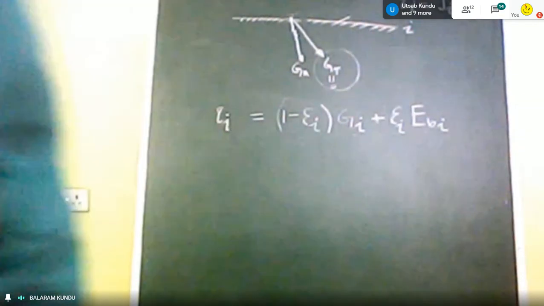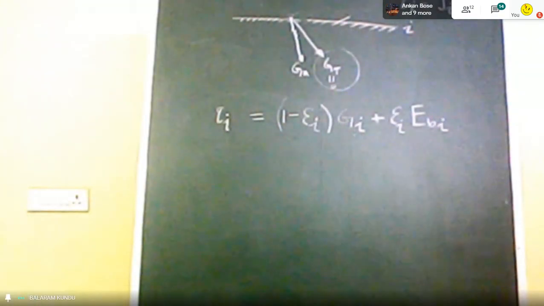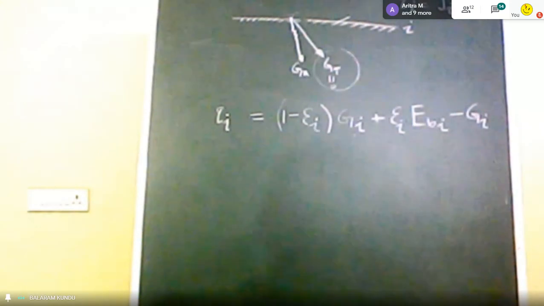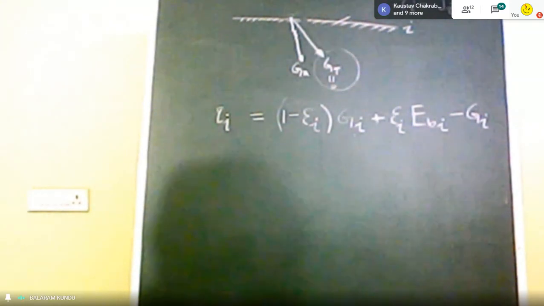So that is your Ji, minus Gi. That is qi. So the qi expression is this.